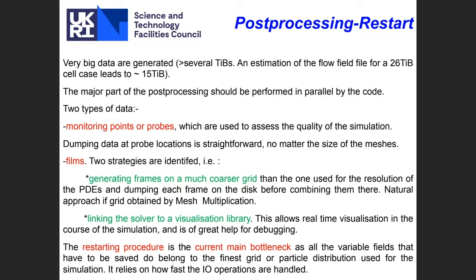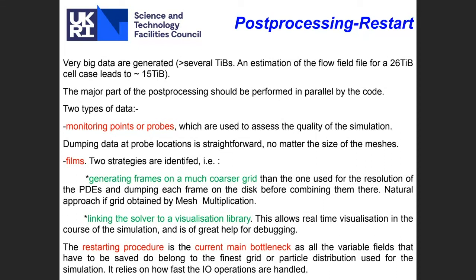So a way to manage this data is either to generate frames, or to dump data on a much coarser grid on the disk, or use a visualization library and coprocessing. We're going to show the principle of how it works during the last tutorial.